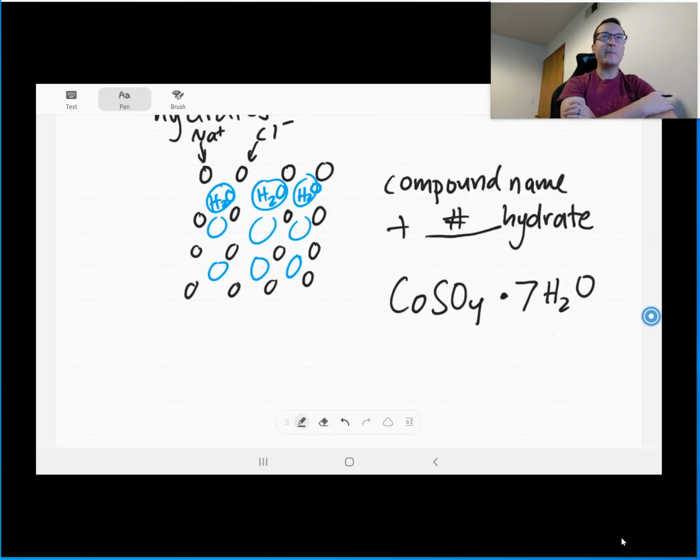But let's go ahead and name this one. So the way we're going to name it is the first part of the name is the regular compound, and then the second part of the name is going to be the hydrate.